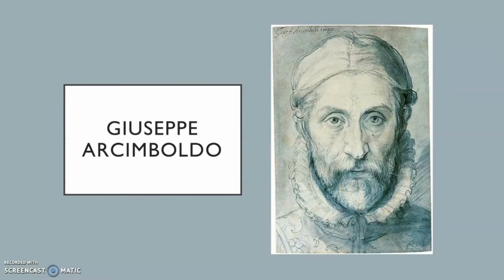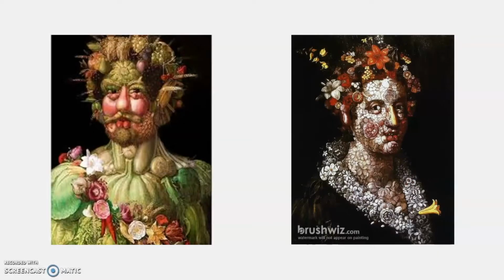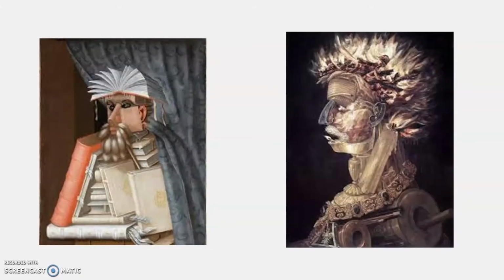Our artist today is Mr. Giuseppe Arcimboldo. Mr. Arcimboldo was an Italian painter who lived back in the 1500s, around 500 years ago. He was best known for creating imaginative portraits of people's heads using objects such as fruits, vegetables, flowers, fish, and even sometimes books. He would paint these objects onto his canvas and arrange them in a way so that they would form a likeness of a person.